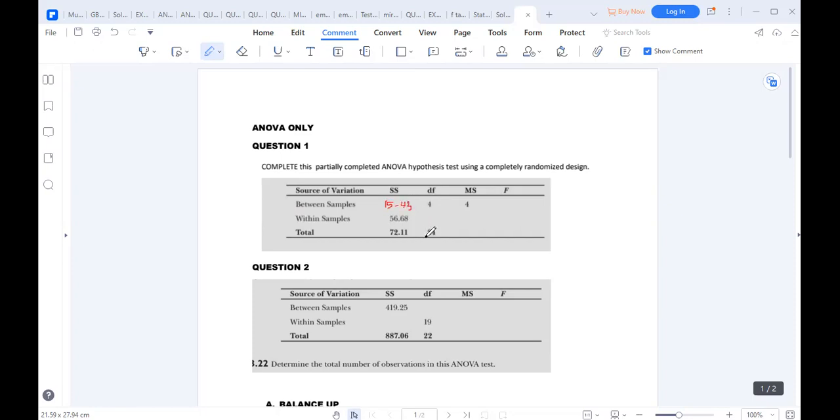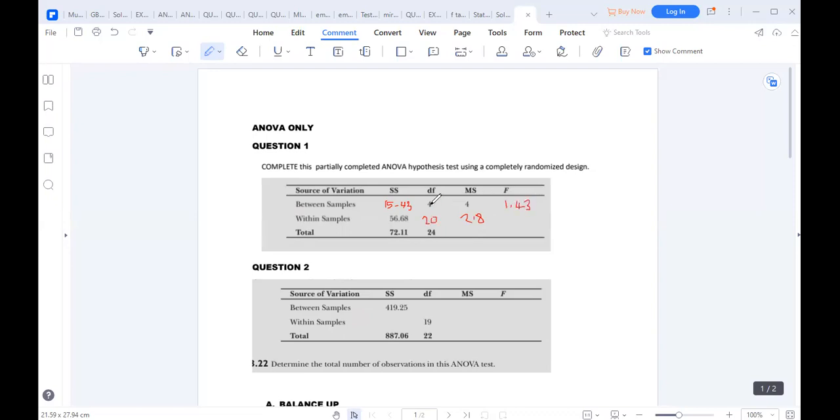Then the difference here is 20. Then divide this into the 4. 1.43.